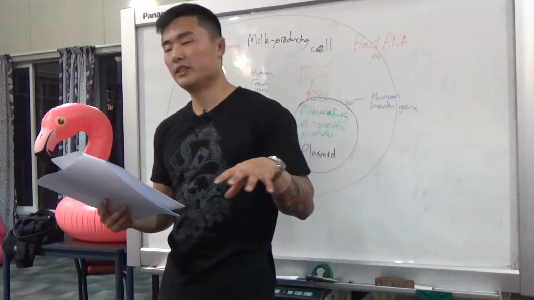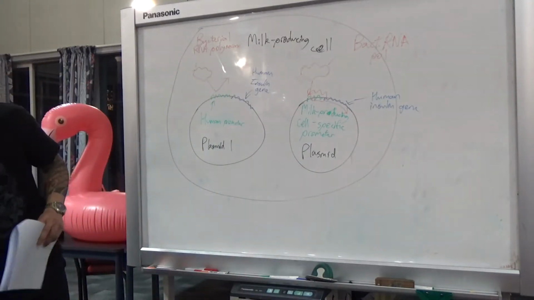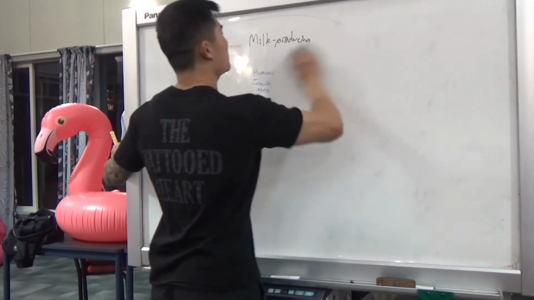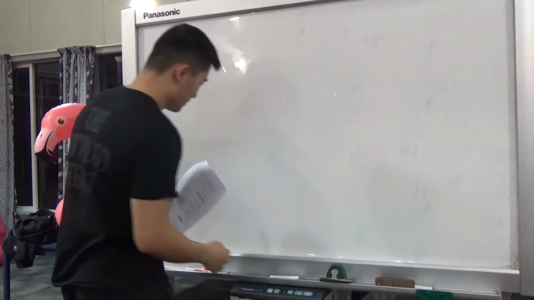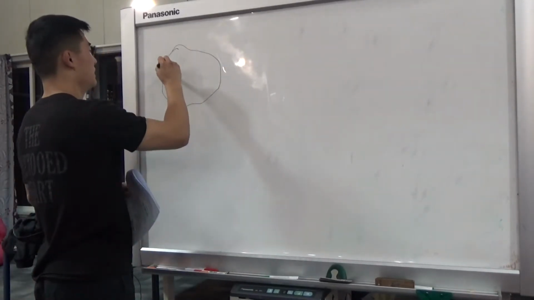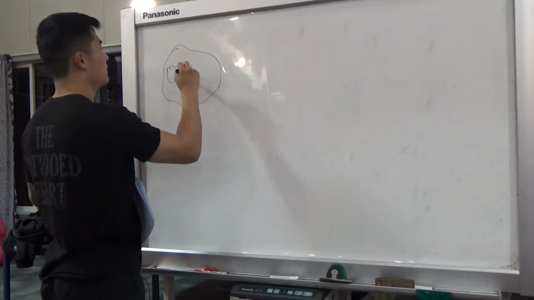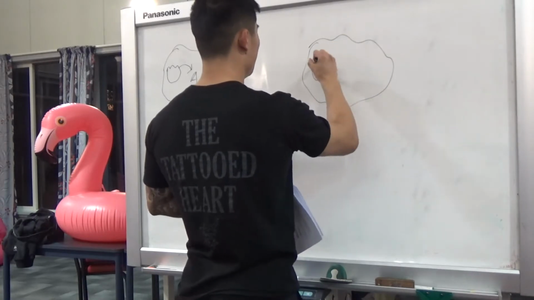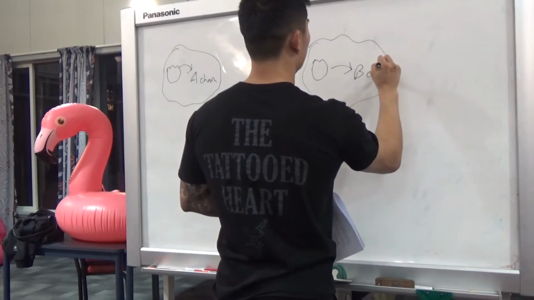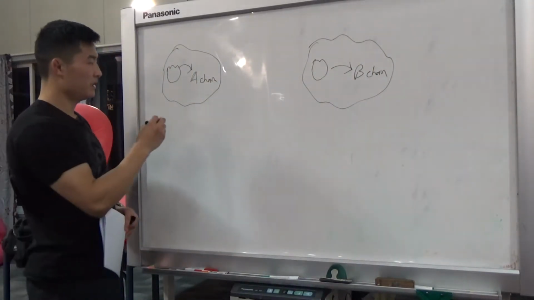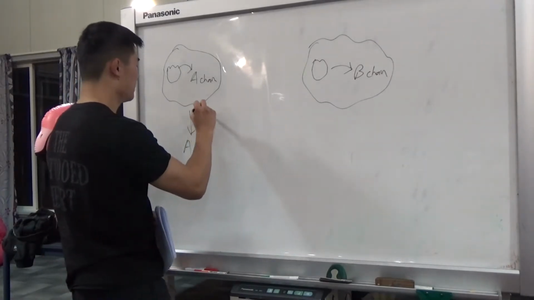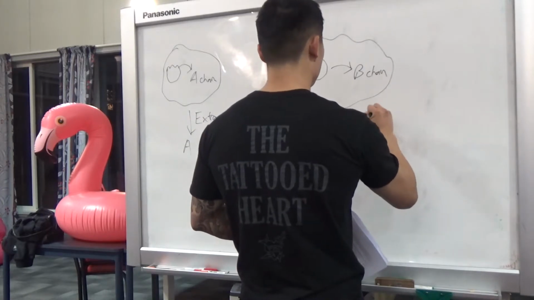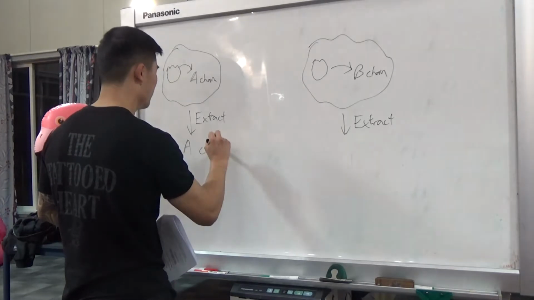So one group of bacteria is going to produce your A chain, and this group of bacteria producing the B chain, and then you're going to extract the protein from both groups of bacteria.